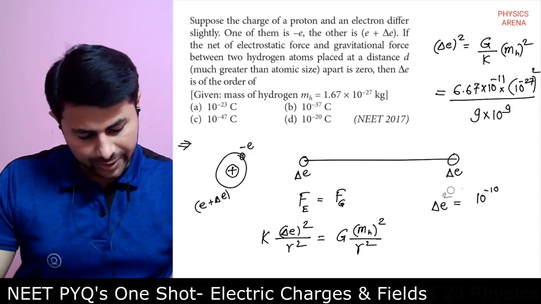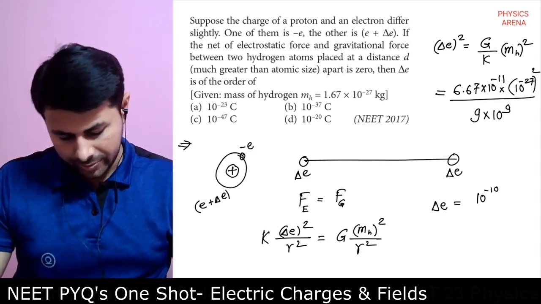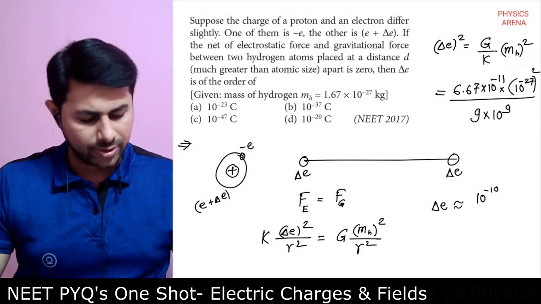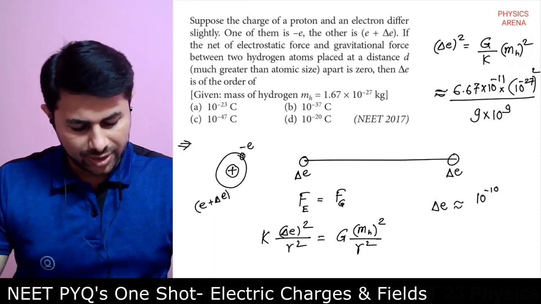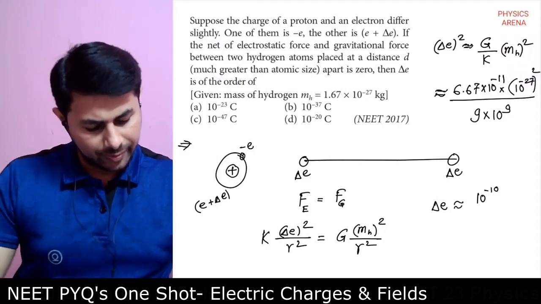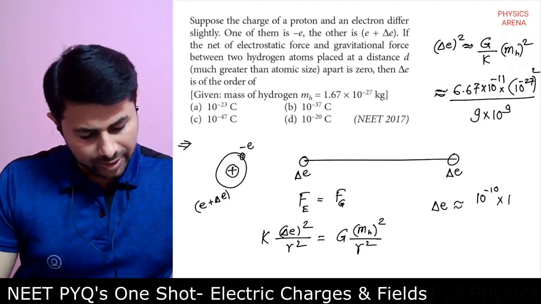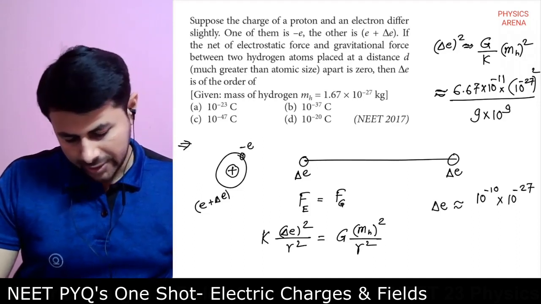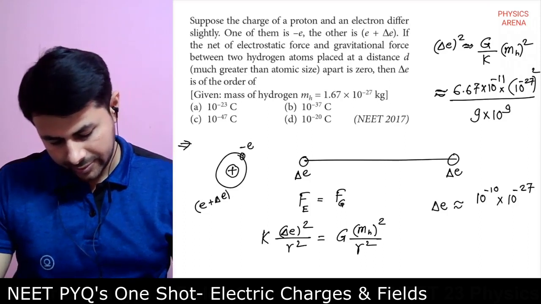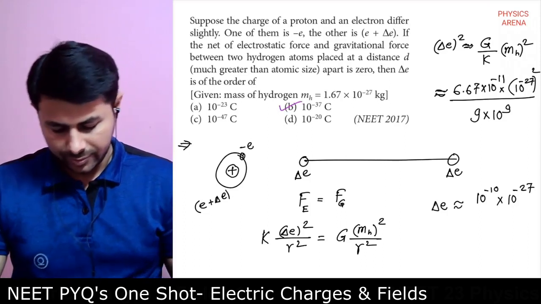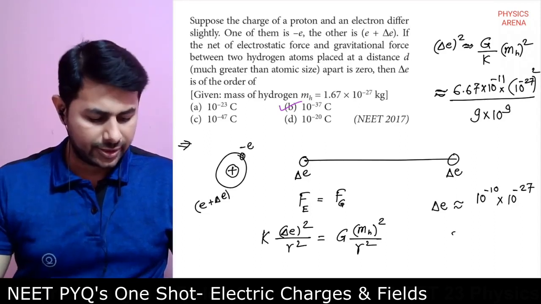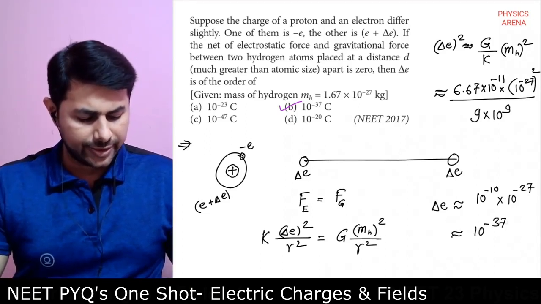That means delta E is of the order of, it's not equal to, it is of the order of this thing, 10 raised to minus 27 multiplied by 10 raised to minus 10. That is minus 37, is the answer. Option B. It is 10 raised to minus 10 plus 27. That is 10 raised to minus 37.